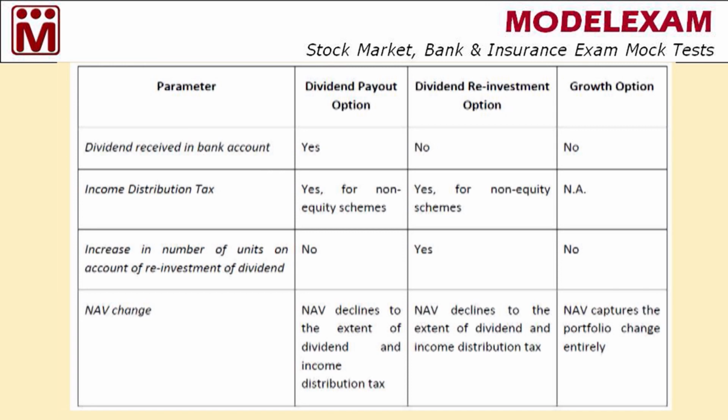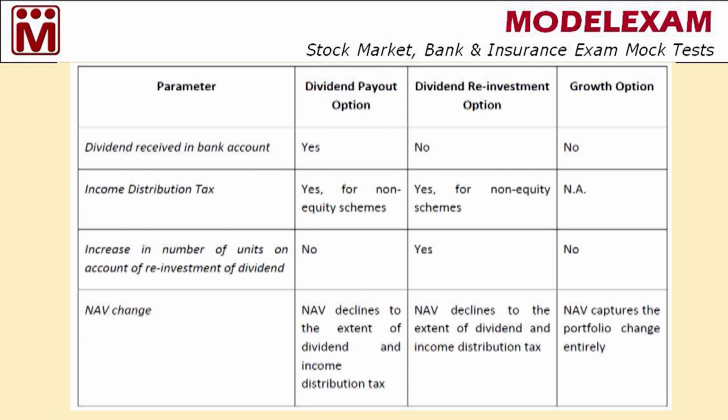Now the mutual fund company plans to distribute a part of this profit to investors by way of dividend. Let us assume the dividend is rupees 3. So out of the 5 rupees profit, the company wants to distribute 3 as dividend. Now let us see how it impacts every option. In case of dividend payout, the 3 will be credited to your bank account.